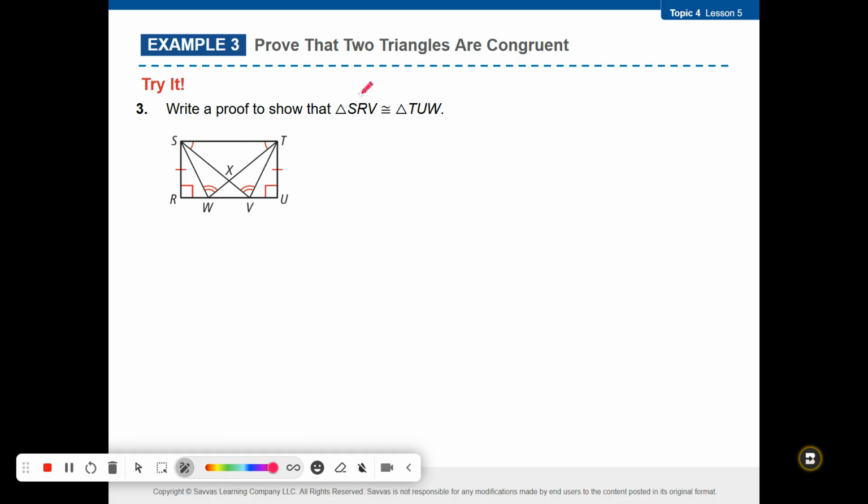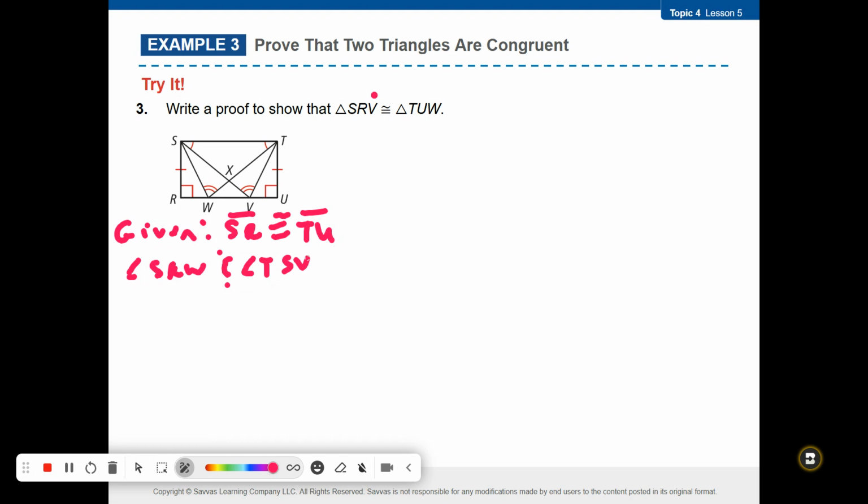All right, so here's what I'm going to do. I'm going to give you the givens because they wanted you guys to figure that out on your own, so we're not going to do that. So given, I want you guys to write that down. We're going to say SR is congruent to TU. You have angle SRW and angle TSV are right angles.